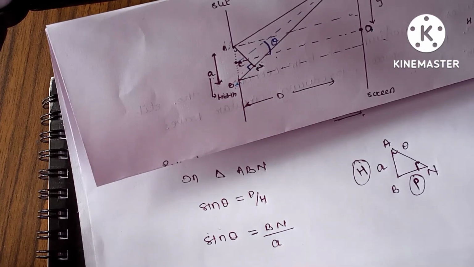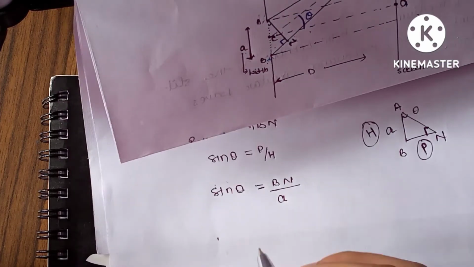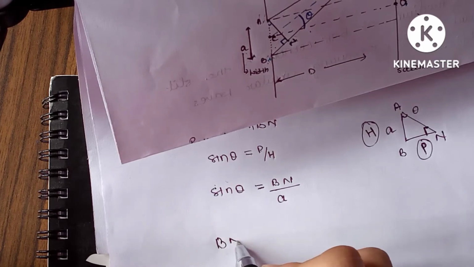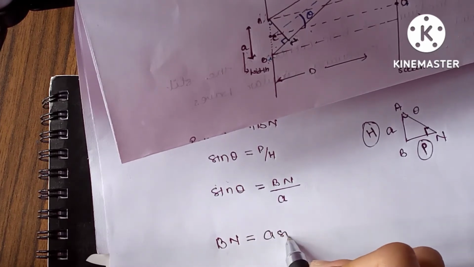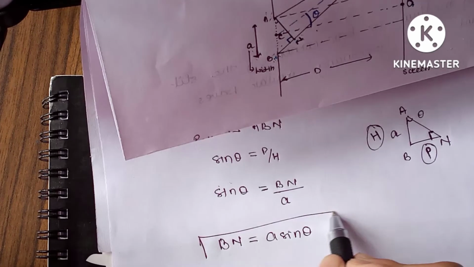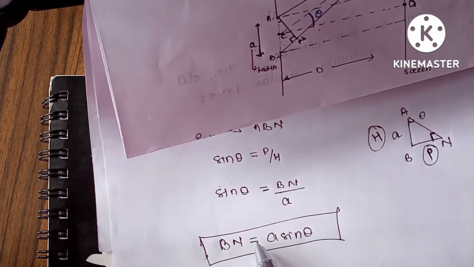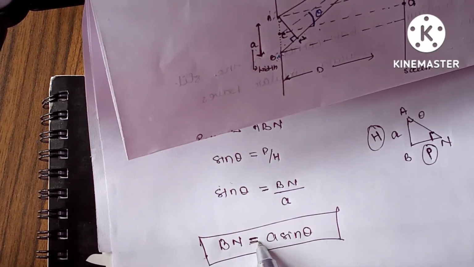So the value of BN is going to be a sine theta. This is the general formula for the path difference BN.